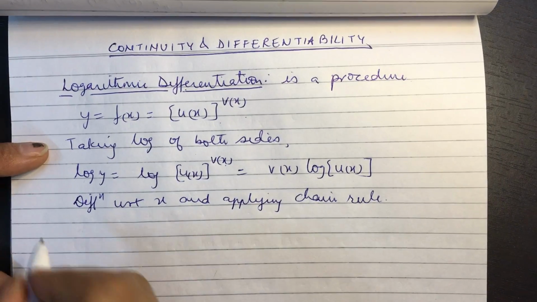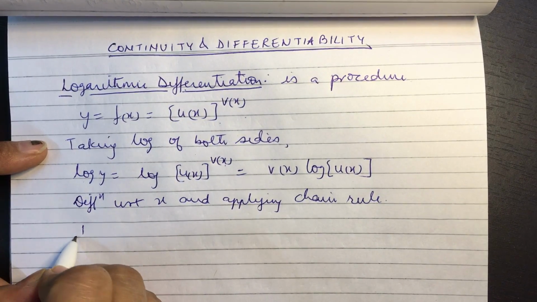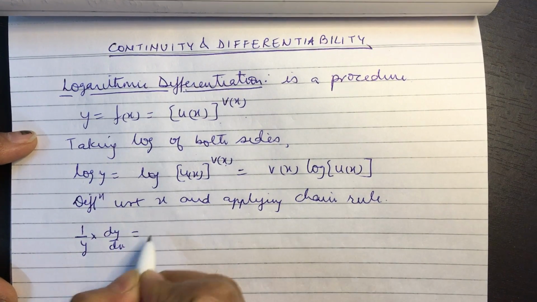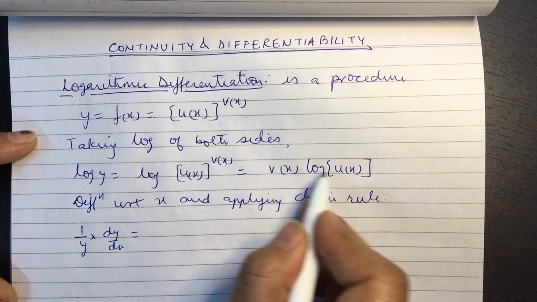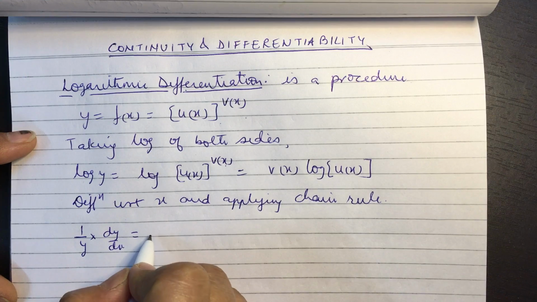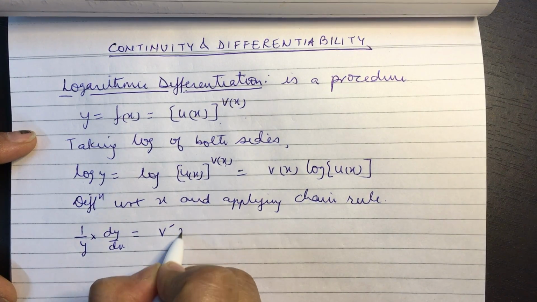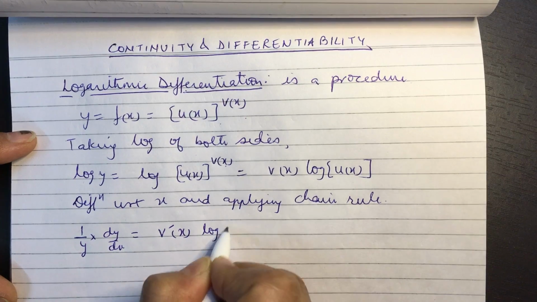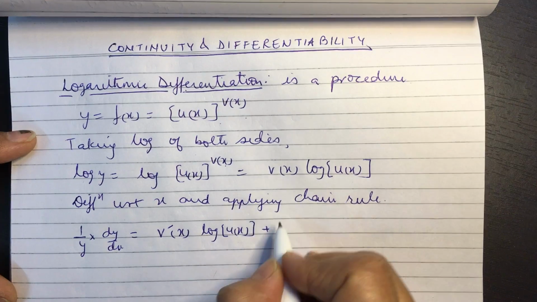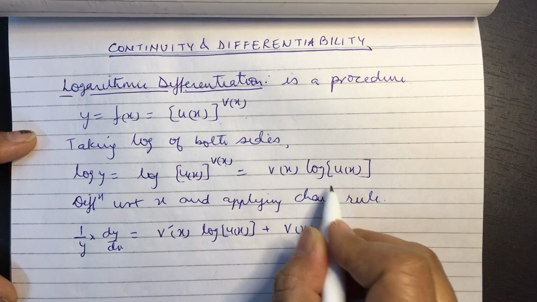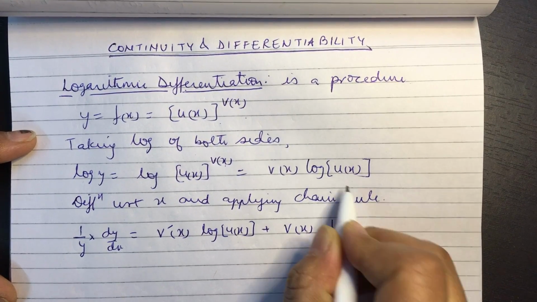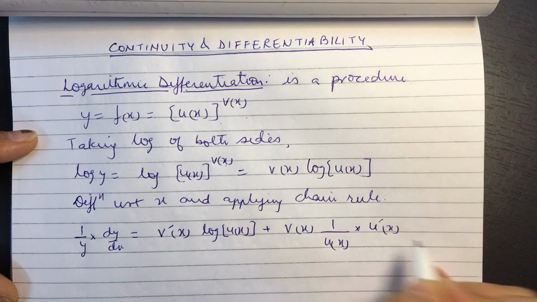So what do we get? Derivative of log y is 1 over y into dy by dx, is equal to, now these are a product of two terms. So first of all, the derivative of the first function is v dash x into log u(x), and the second is carried down as it is, plus v(x) times the derivative of log u(x), which is 1 upon u(x) into u dash x.